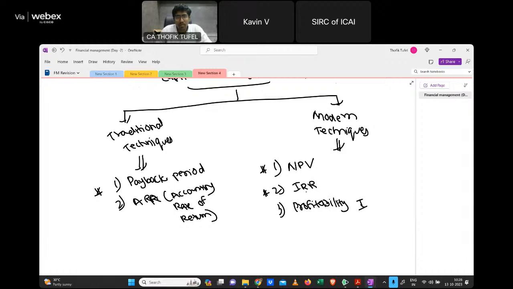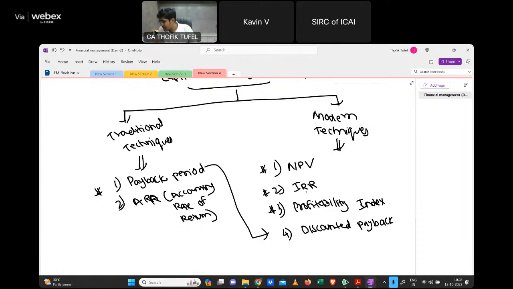And the fourth one is nothing but an extended version of payback, the discounted payback. So these are the techniques that we are going to discuss now.